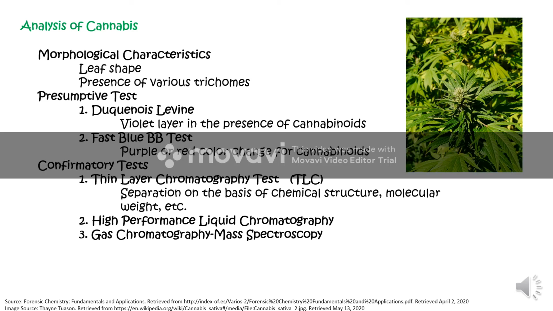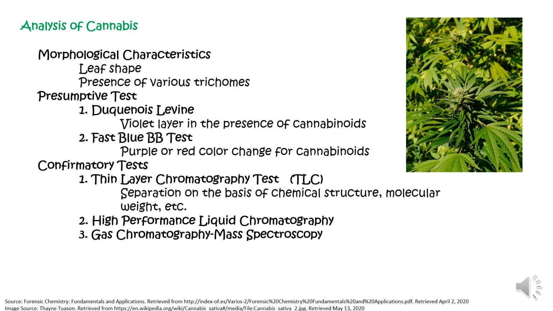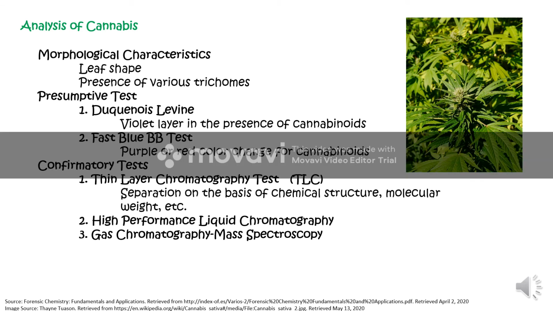Marijuana, as well as a variety of other plant substances, becomes purple with the addition of the Duquenois reagent and hydrochloric acid. Upon addition of the organic solvent, the purple color transfers to the organic layer, indicating that cannabinoids may be present.